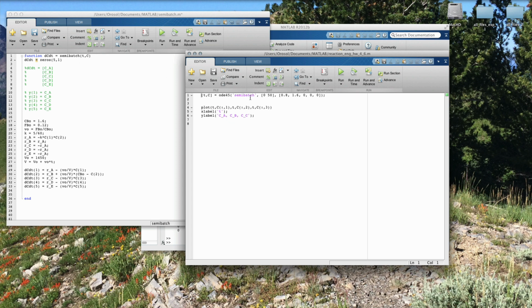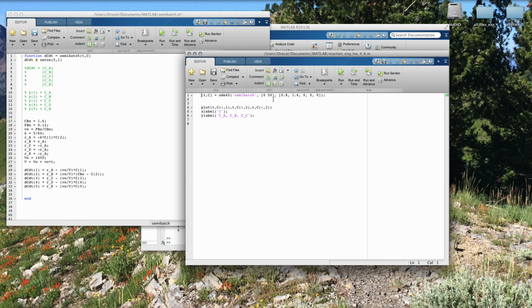And then this is the initial and final value for T, so 0 to 50 minutes. I can't remember if the 50 was given or if I just played around with it, but that's what I used.